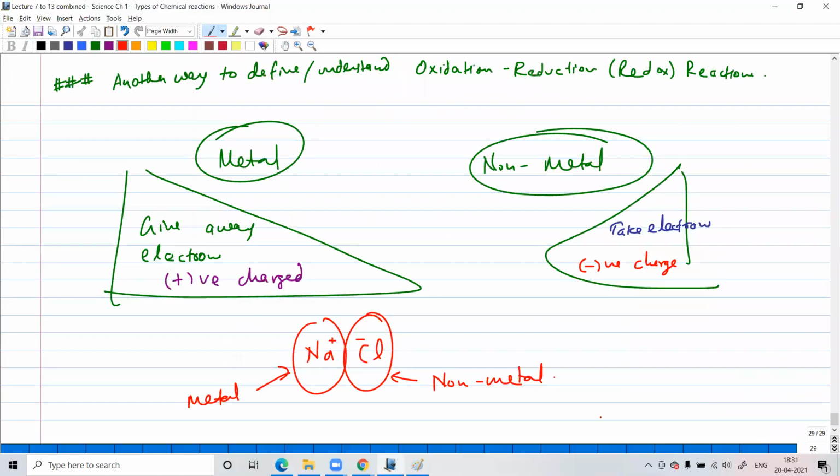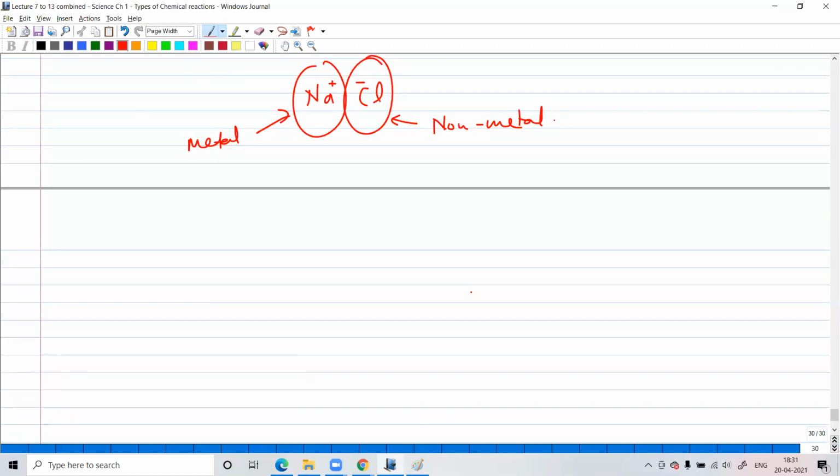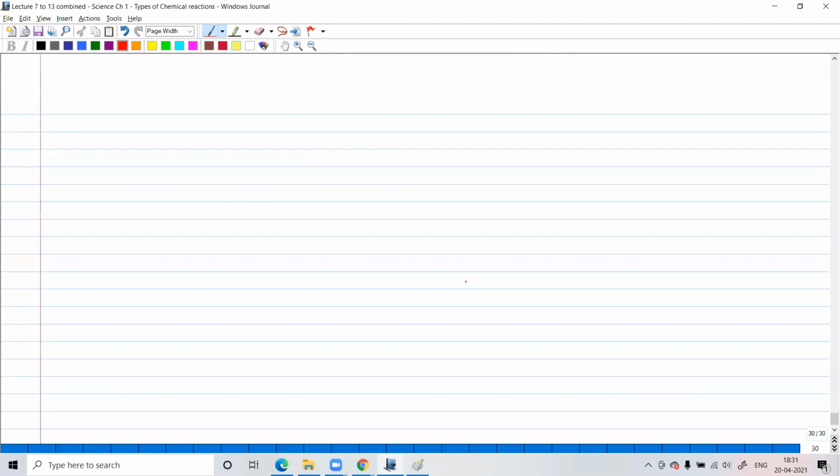Yeah, so let's get to the definition. Now that you have some idea about what metals and non-metals are, the new definition of oxidation and reduction will make some sense to you.